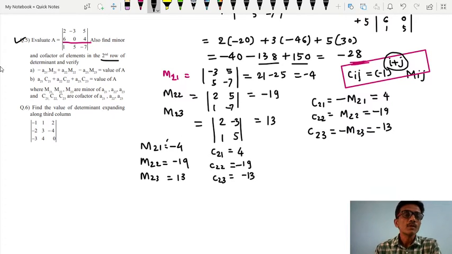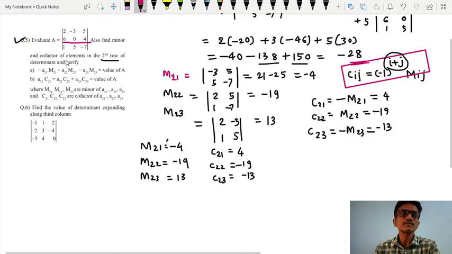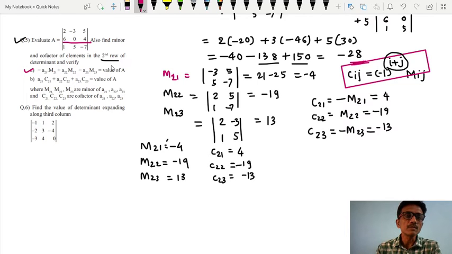Now what is the next question? The next question is, we will verify this is equal to the value of the determinant. What is our value of determinant? The value of the determinant is minus 28. So let us check.